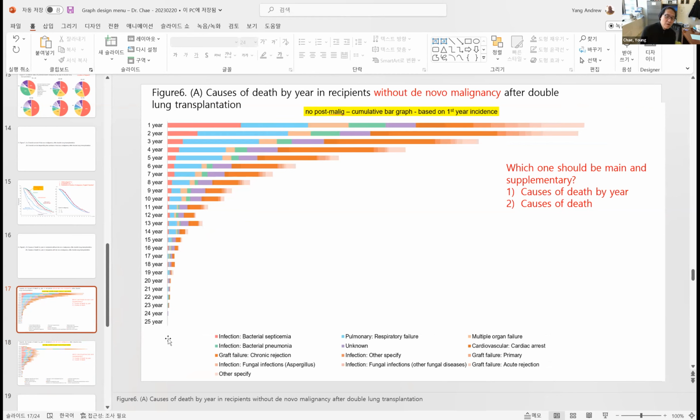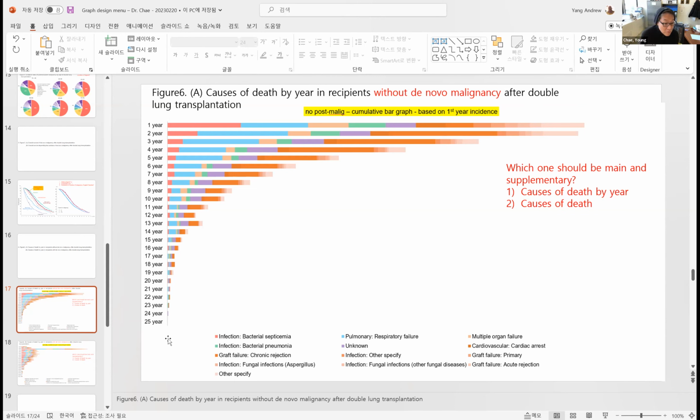So here, this is a very interesting finding that with malignancy, there's a lot of cancer-related death. So I guess cancer being the cause of death peaks at 3 years. Okay.